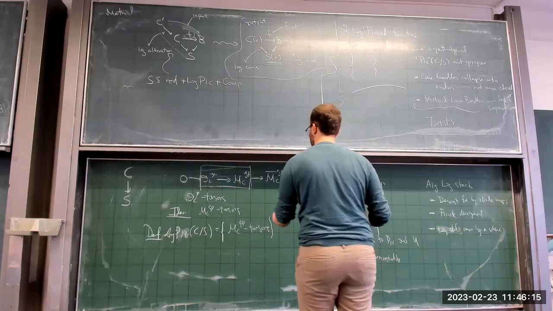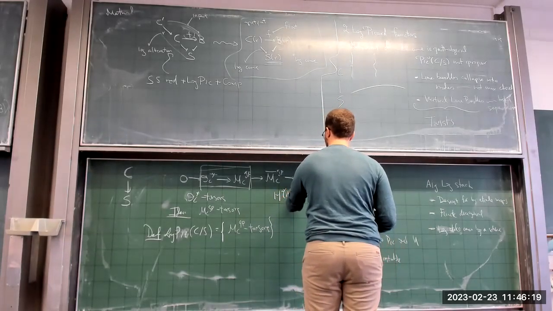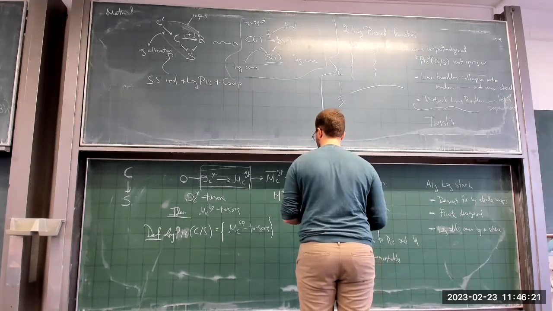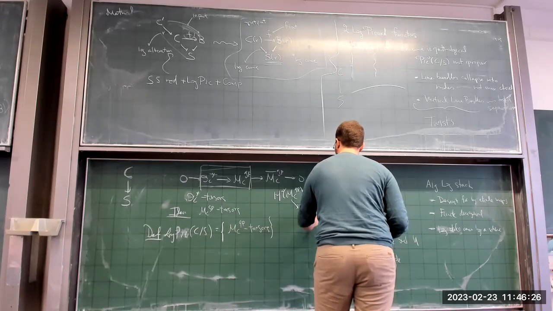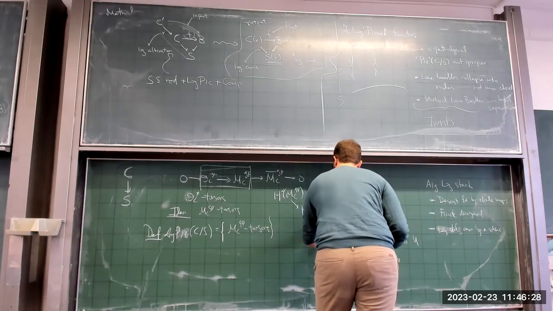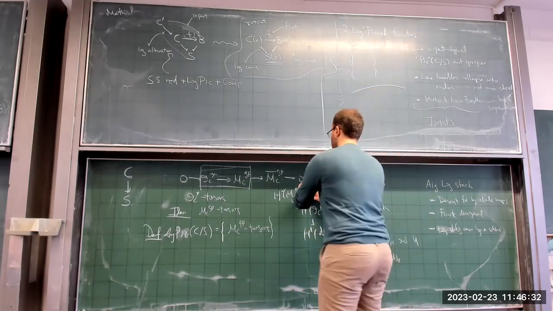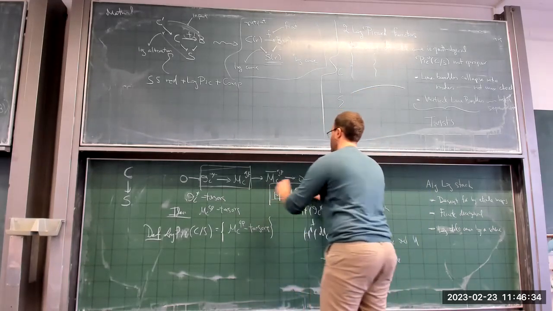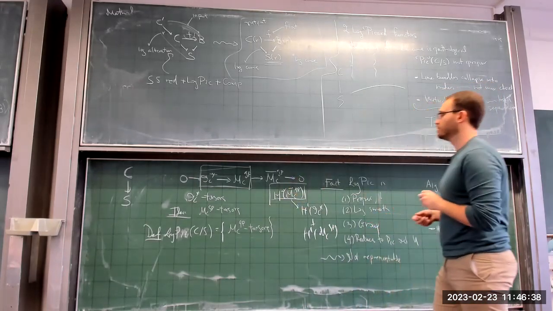And what you'll see is that the kernel is H^0 of M_C bar group. So the elements of H^1 of O_C star that go to 0 in the M_C group torsors are exactly the elements of M_C bar group.